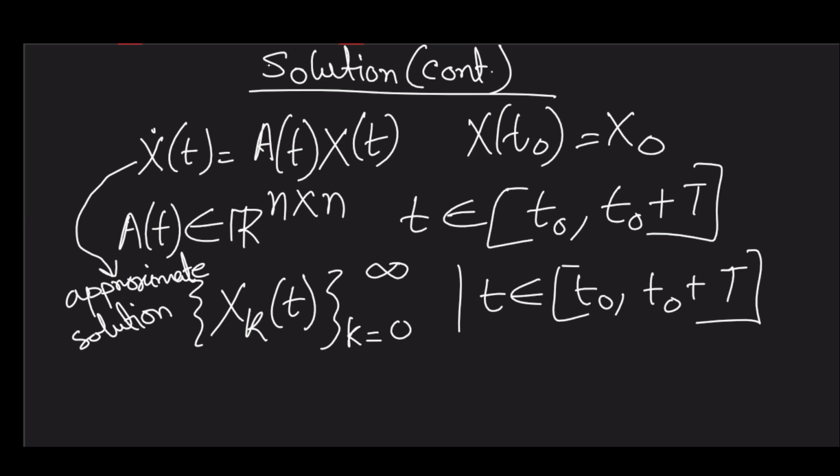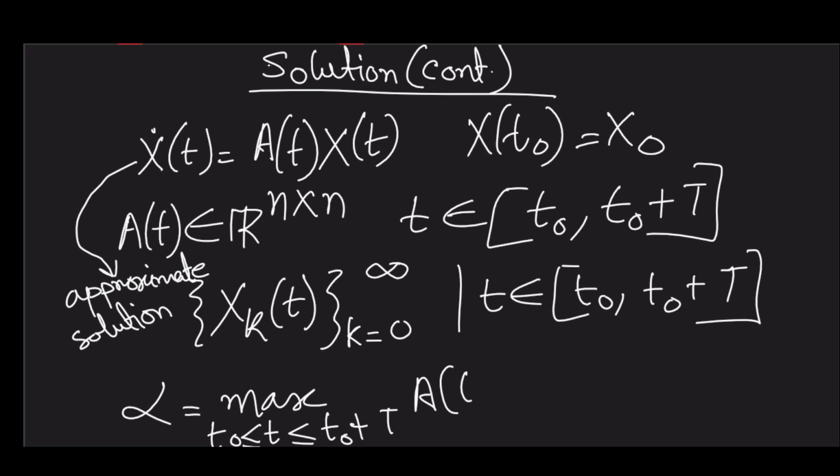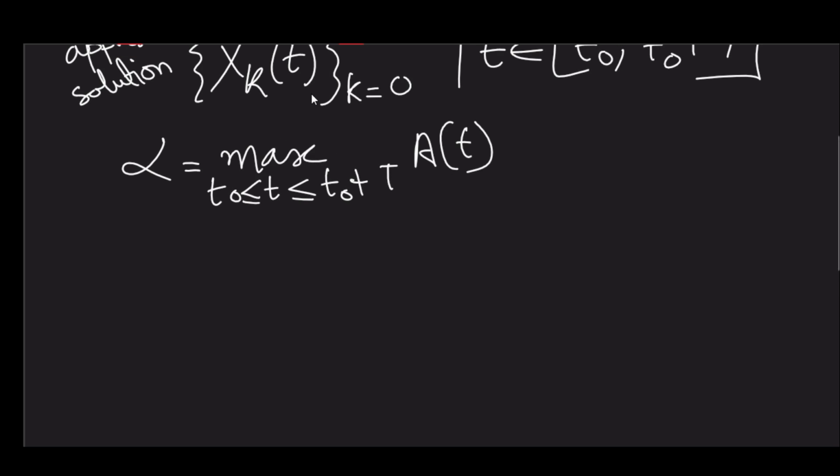Eventually, where we ended up, we defined two constants. One is alpha, that is the max of, and another one is beta.